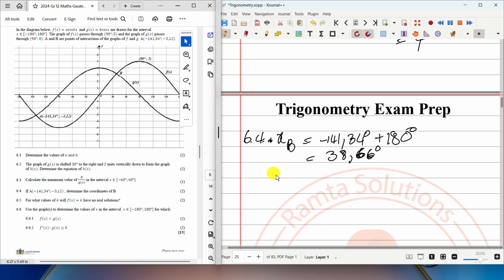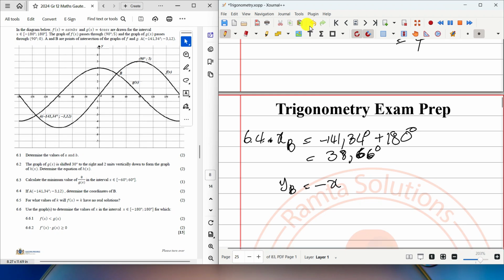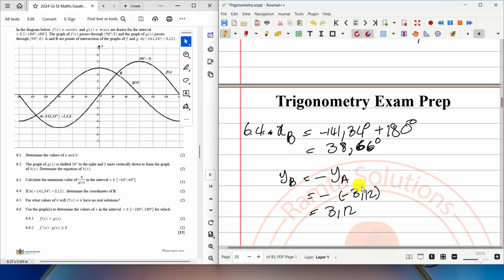Okay, all right, guys. Now, y of B is a matter of saying it is negative of y of A. Okay, it is a reflection in the x-axis, so it is negative of y of A, which is negative times negative 3.12, which is positive 3.12.